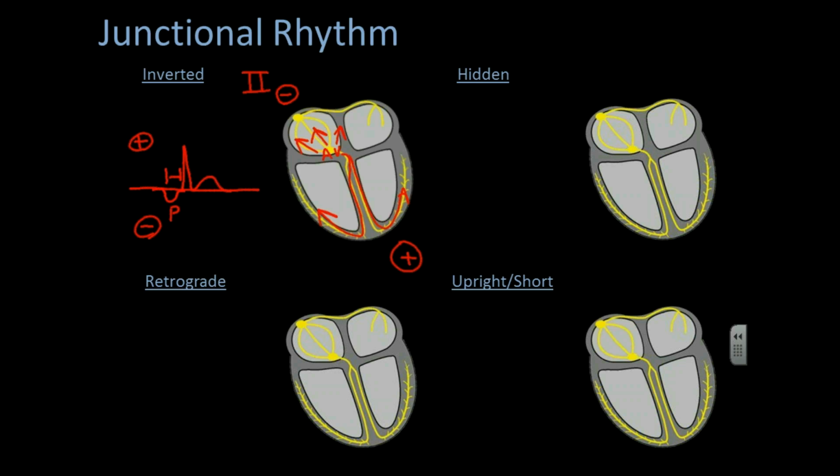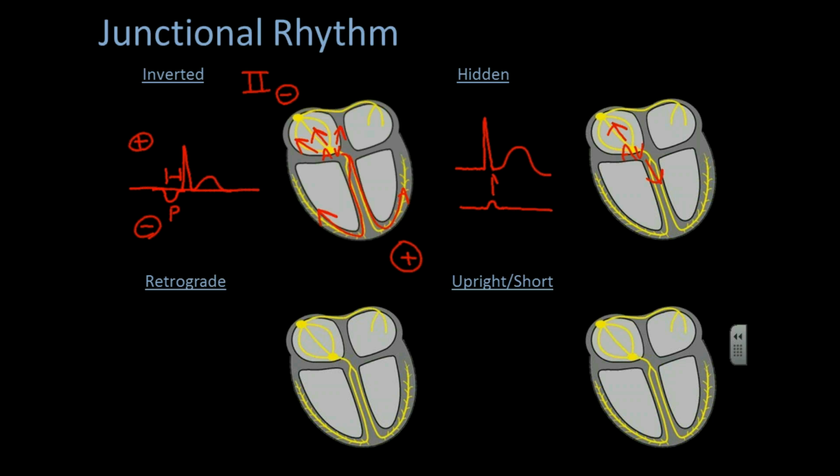So let's move along to what happens if there is no P wave. So if the AV node depolarizes the atria and the ventricles simultaneously, what's that going to look like? Well, if we just show ventricular depolarization, now just using kind of a ladder diagram, I'm going to draw what the atria is doing underneath.